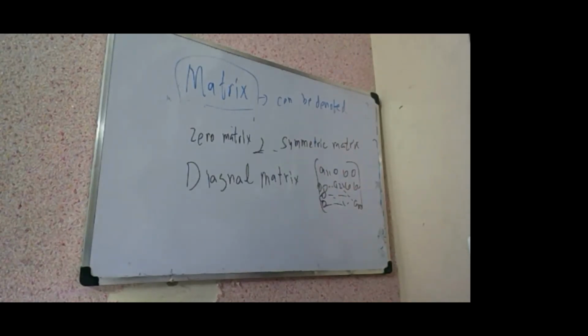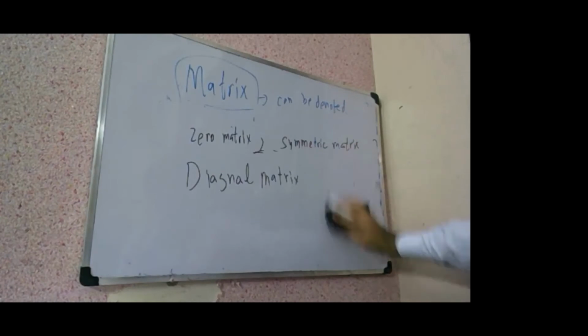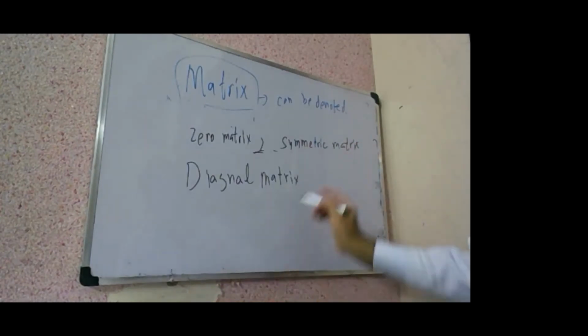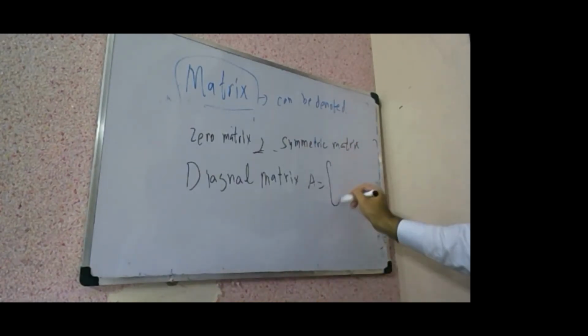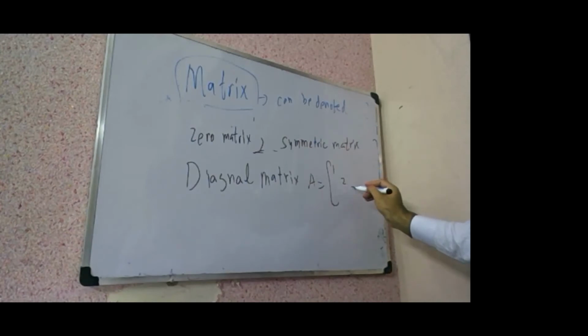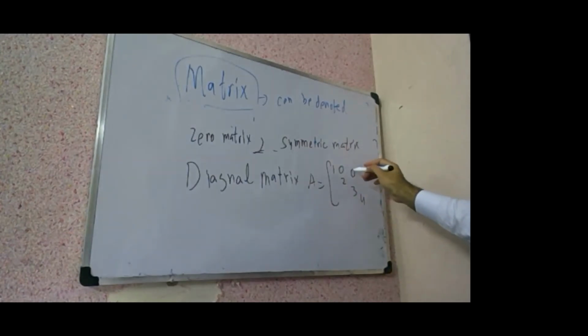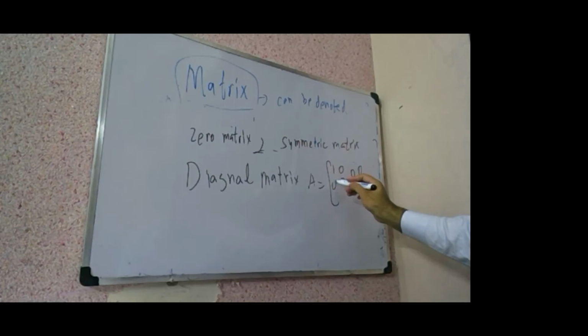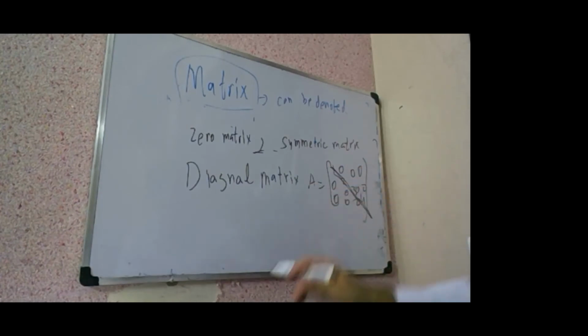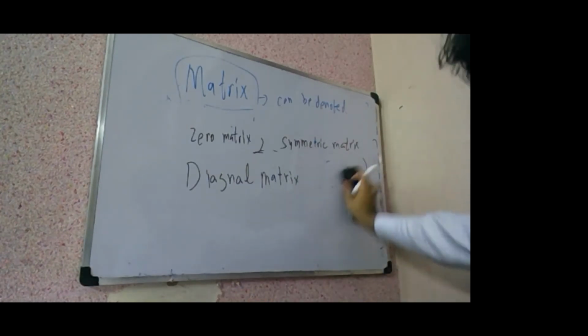That's a diagonal matrix, right? If we take a numerical example, I can say that A is a diagonal matrix if we have 1, 2, 3, 4 on the diagonal and 0 everywhere else. So on the diagonal we have numbers, but other than the diagonal, there are no numbers.